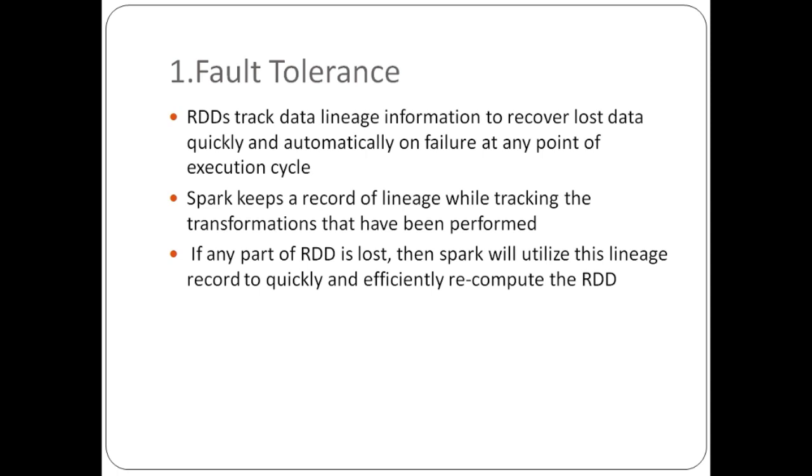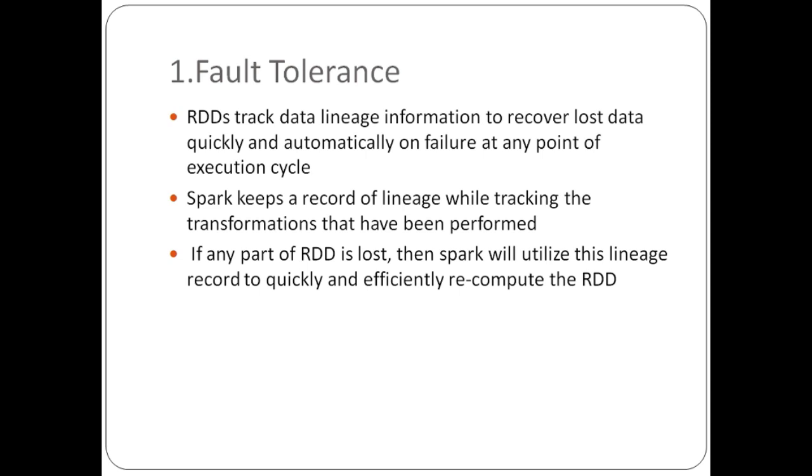How will it track? It will track that lineage graph, identify where data is lost, and recover that data. So RDD uses the lineage information to recover lost data quickly and automatically, from a failure at any point of the execution cycle. That is called fault tolerance.